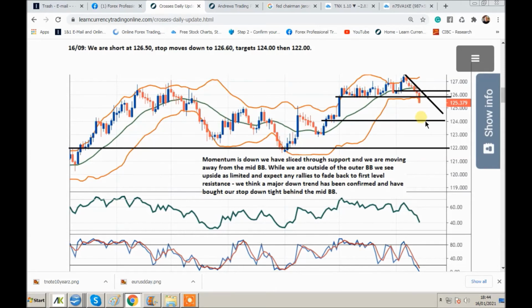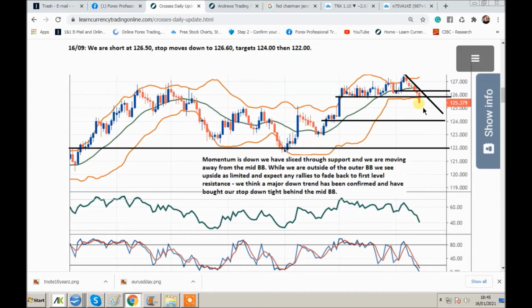Any rallies back to this level here, 126, are selling opportunities. Basically our stop, you can see it's behind the 20-day moving average, the double trend line here. Looking for more weakness. So yeah, you can sell rallies in this pair. If you're as bearish as us, you could come in.